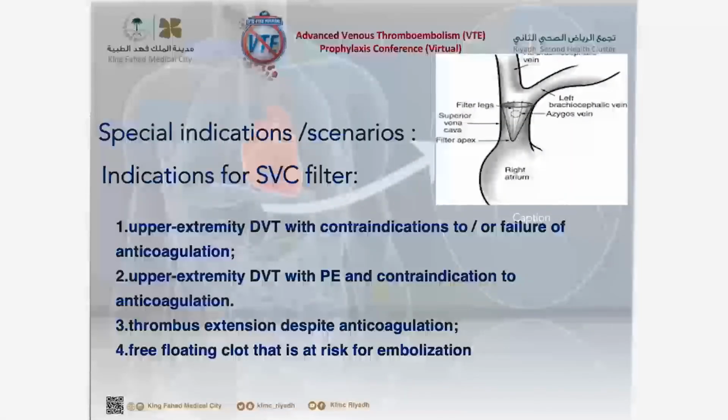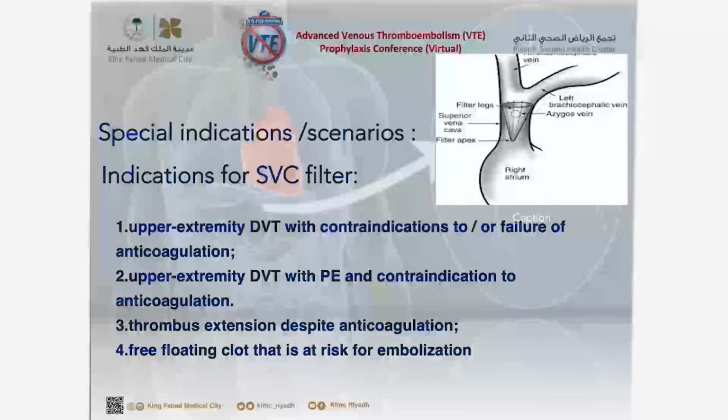About the SVC filter: the upper extremity DVT with contraindication or failure of anticoagulation, also DVT with PE with the same scenario, or thrombus extension despite anticoagulation.